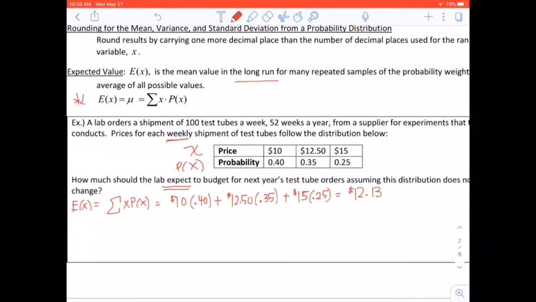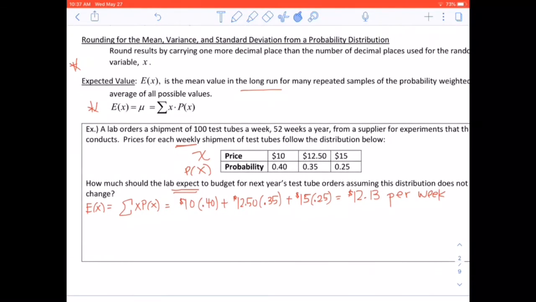So really quick though, this is written in weekly shipments. So this is $12.13 per week is what they're expecting to spend in the long run for a long amount of time. But it's asking for how much should the lab expect to budget for next year's.